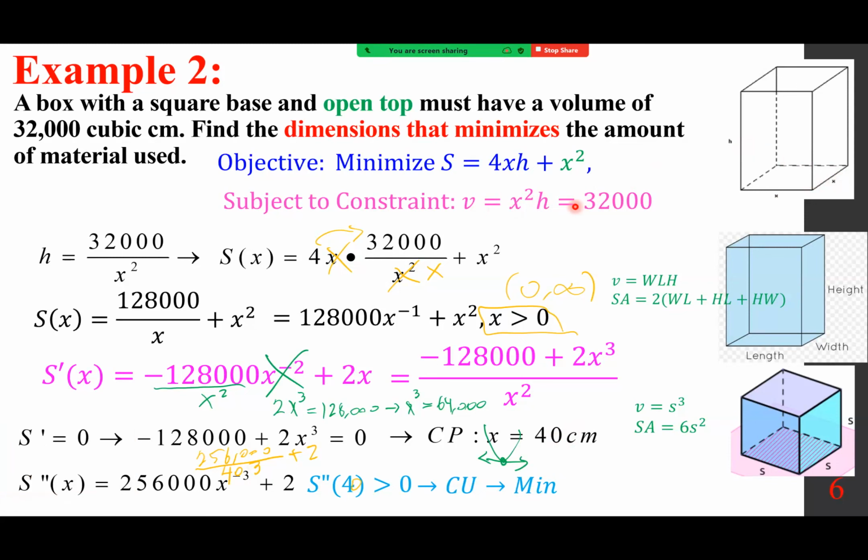You can go to this formula and divide by x squared, or 40 squared. In other words, you can use this formula, and that gives you h equals 20. So I'm going to assume everybody can calculate that. So the dimensions are 40 by 40 by 20. And we are done. They just were asking for the dimensions.